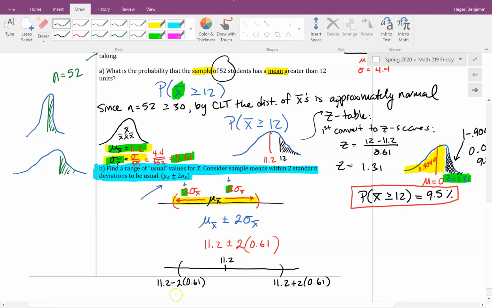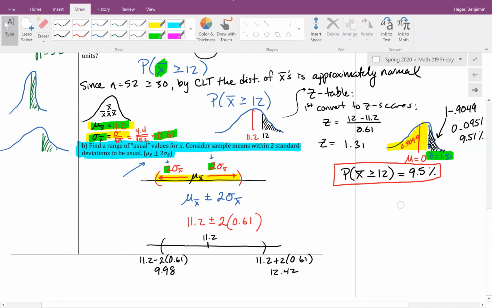If I put these in the calculator, this is 9.98 and this is 12.42. So this gives me a little window from 9.98 to 12.42. That window, we would expect to contain all the normal answers.